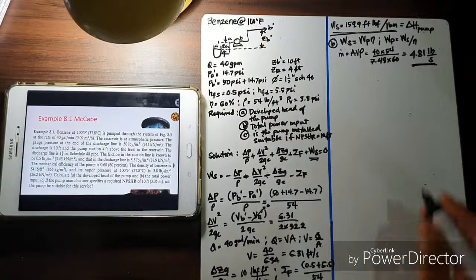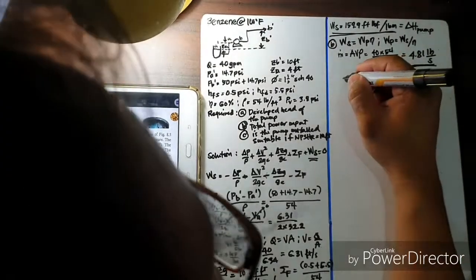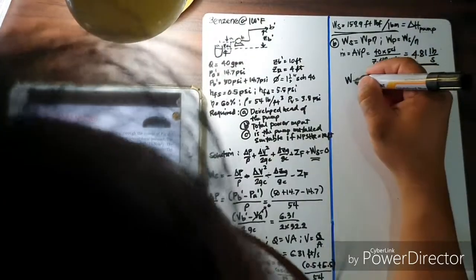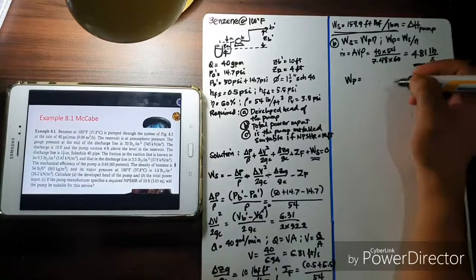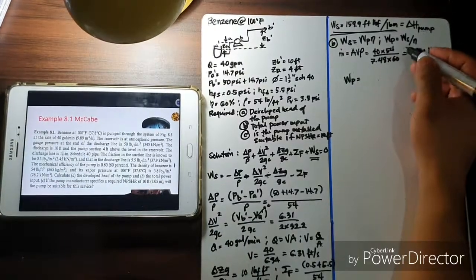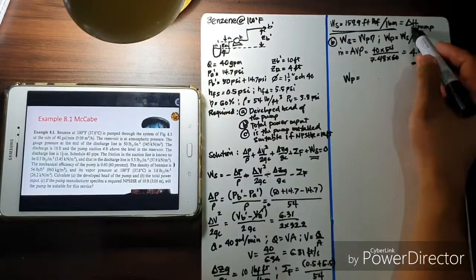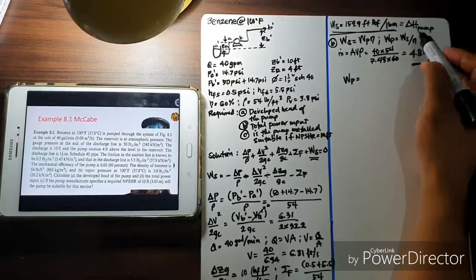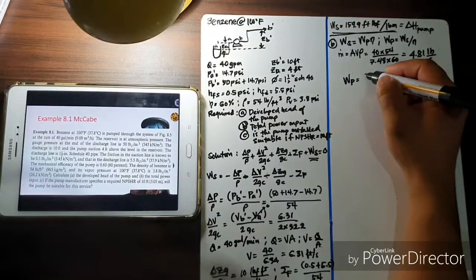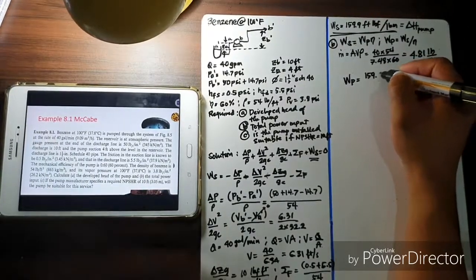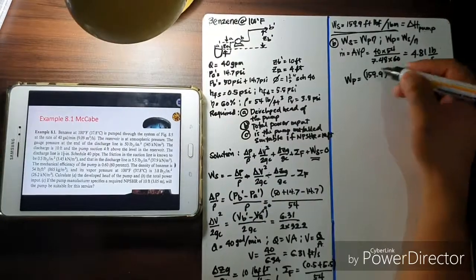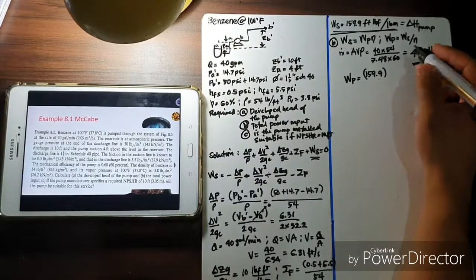So for us to obtain the total work input, or rather total power input, this is equivalent to the shaft work, or the developed head, which is 159.9 foot-pound force per pound mass.